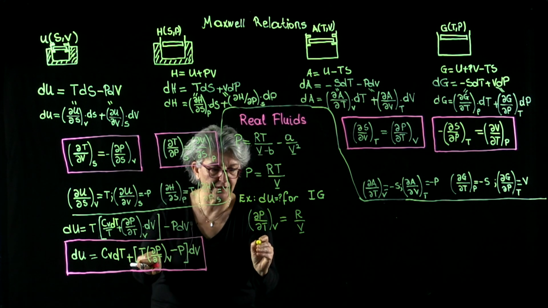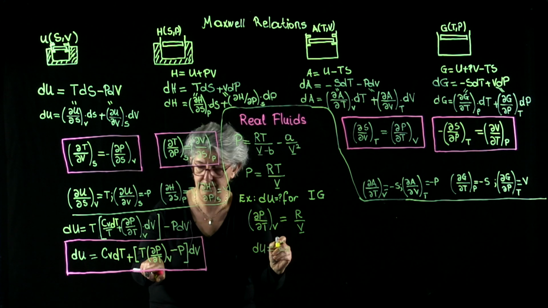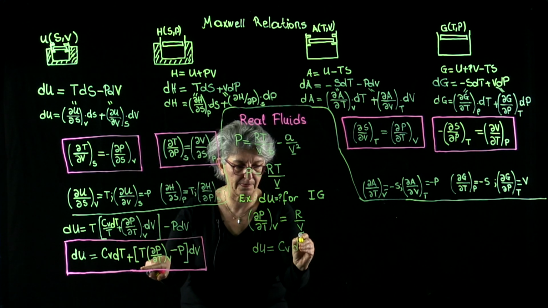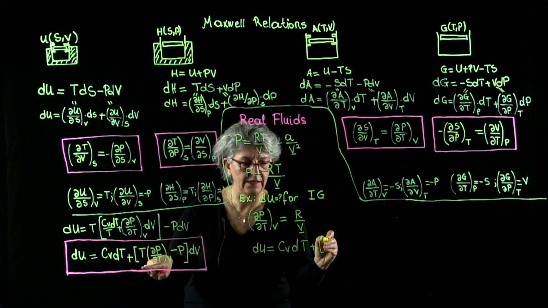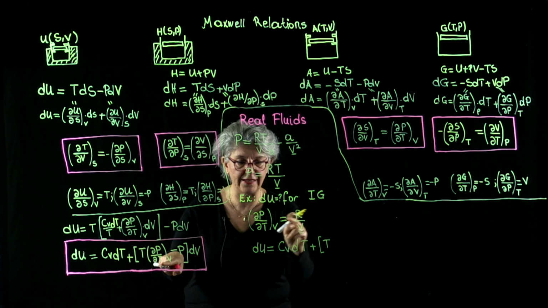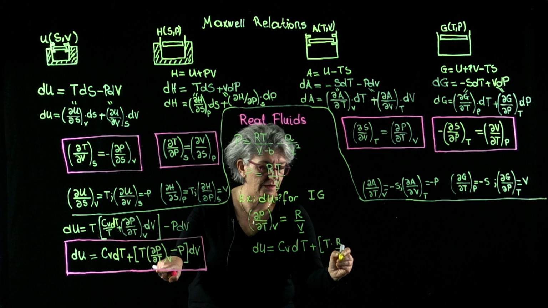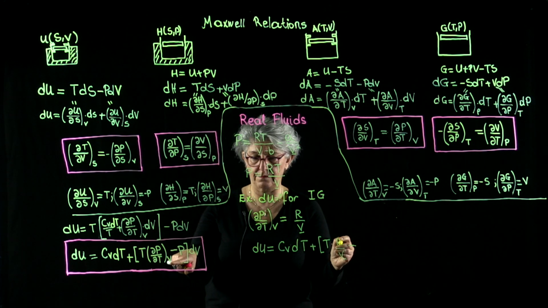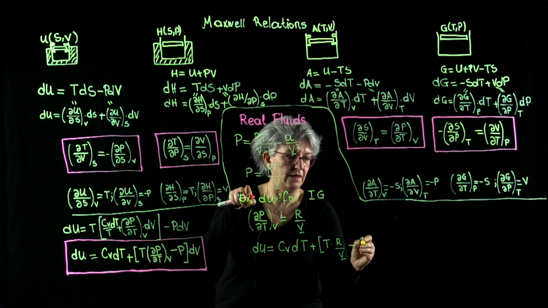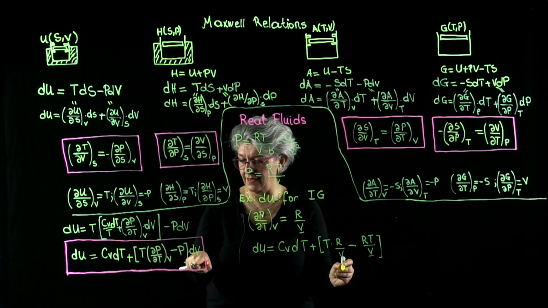Then I will write dU, which is equal to CV dT plus T del P over del T at constant V, R over V, minus P, minus RT over V, dV.